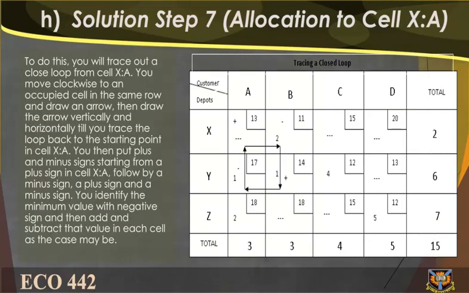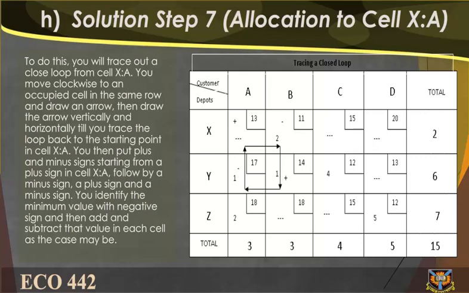H. Solution step 7. Allocation to cell X to A. To do this, you will trace out a closed loop from cell X to A. You move clockwise to an occupied cell in the same row and draw an arrow.